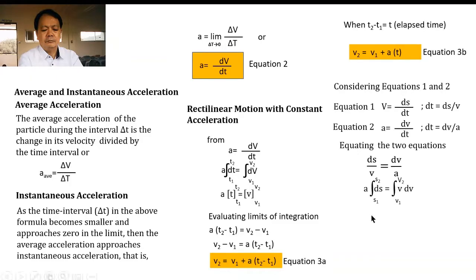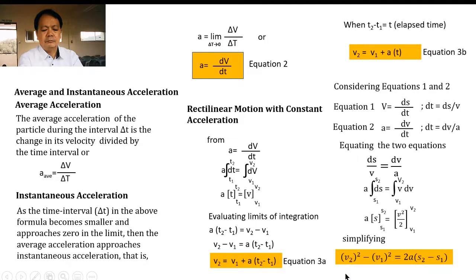Therefore, our equation becomes a times s evaluated from s sub 1 to s sub 2 shall be equal to v square over 2 evaluated from v sub 1 to v sub 2. And if we evaluate the limits and rearrange the terms, the equation becomes v sub 2 square minus v sub 1 square shall be equal to 2a times s sub 2 minus s sub 1.